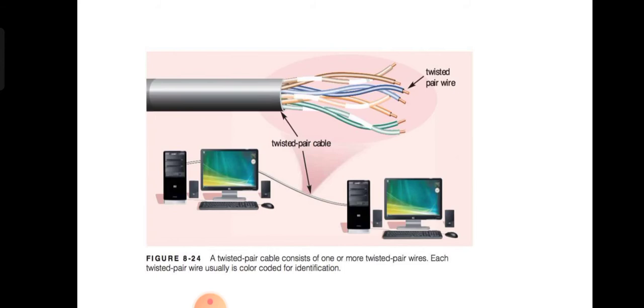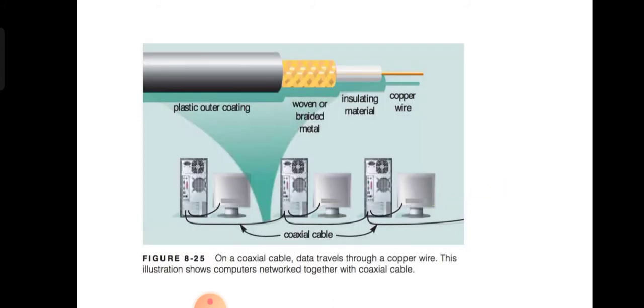The coaxial cable is also used. Here is a coaxial cable. It has four parts: a plastic outer coating, braided metal, and insulating material, and a copper wire is connected for the network.